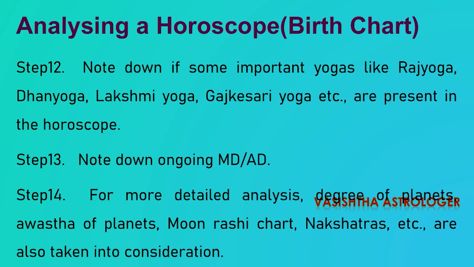If we have to dig deep or if we have to check the validity of some Raj Yoga, Dhan Yoga or any other yoga in the birth chart, then we have to look for more information like degrees of planets, avastha of each planet, nakshatras in which planets are placed.